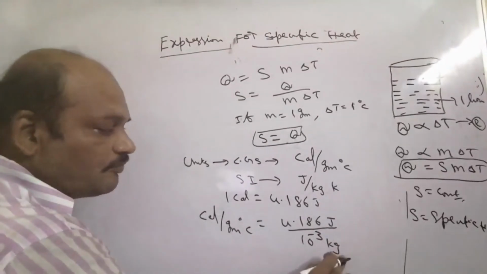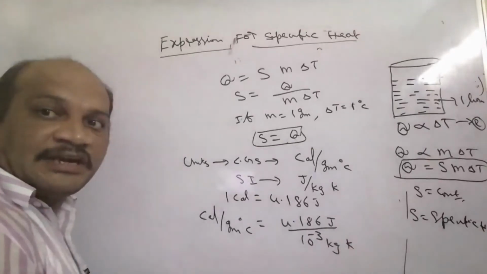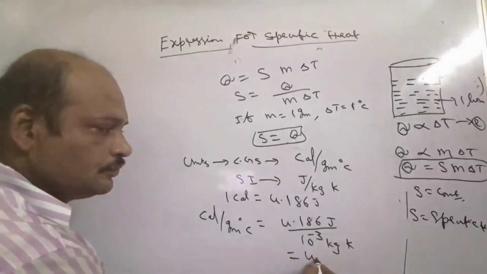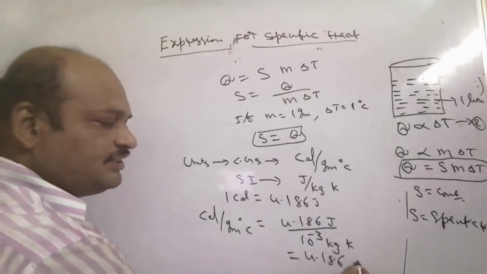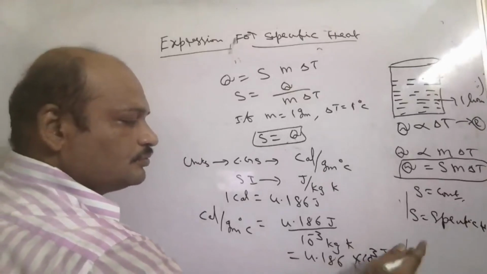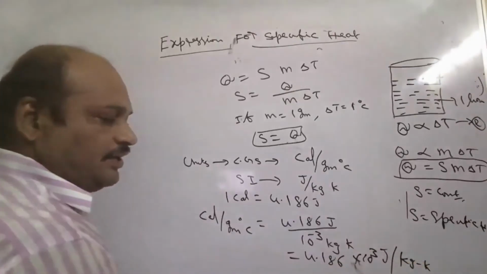So what can you write? 10 to the power of minus 3 kg, and 1 degree centigrade can also be written as Kelvin. Simply, what is the value? 4.186 into 10 cube joule per kg Kelvin.